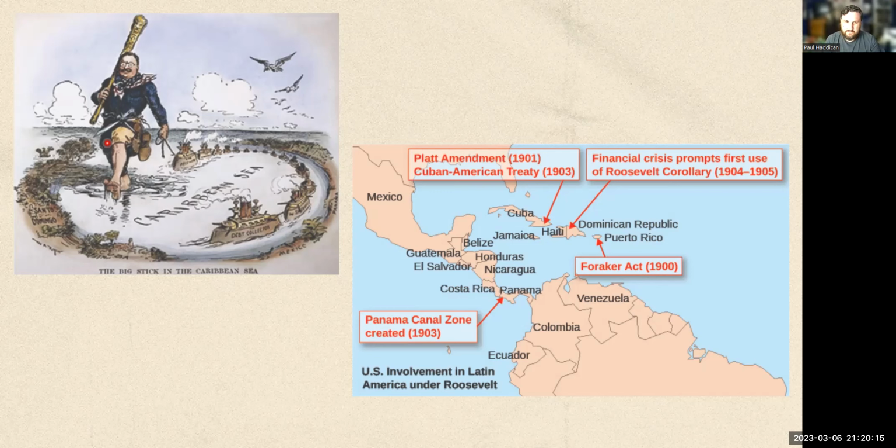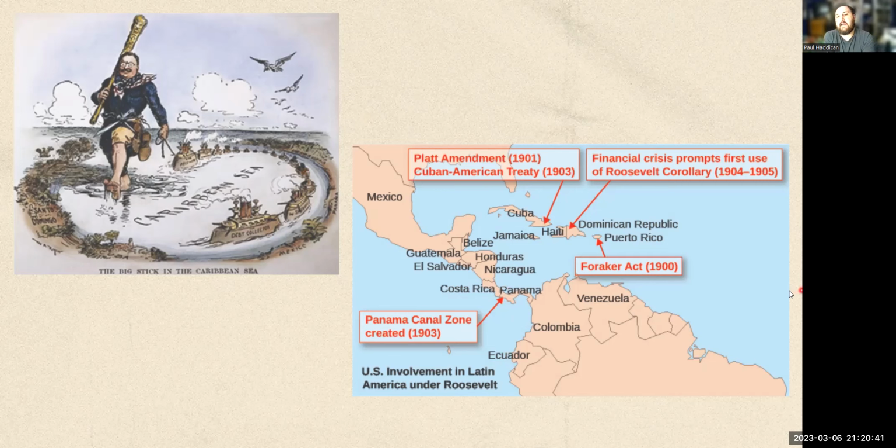So Roosevelt's really going to focus his foreign policy efforts onto Latin America. He's going to take advantage of things where he can, exploit political issues and political weaknesses in Latin America while he can. The biggest one that he'll probably be associated with is the construction of the Panama Canal, which is right here.